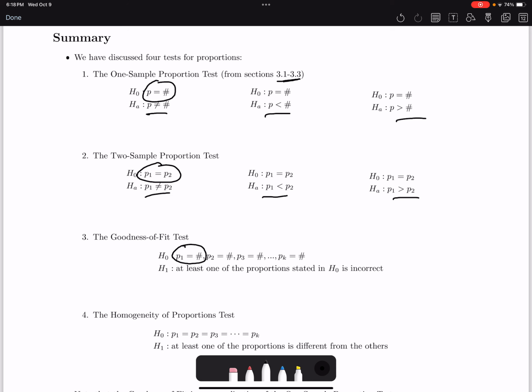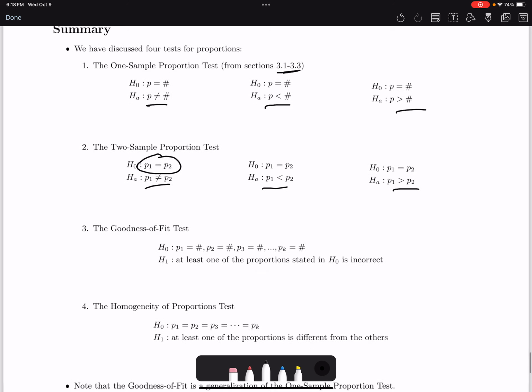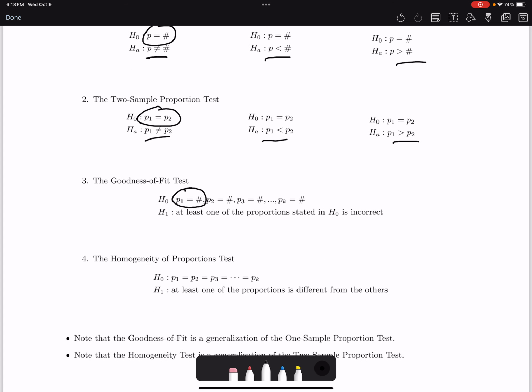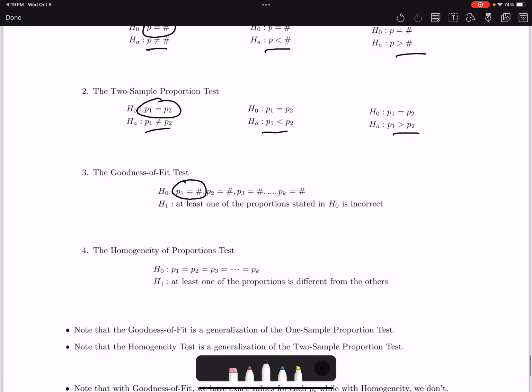So 3 is sort of an extension of 1, whereas the homogeneity of proportions test is a generalization of the 2 sample proportion test, right? So 4 is a generalization of 2, okay? In the sense that we don't care what the proportions are, we just want to know if they're equal to each other.